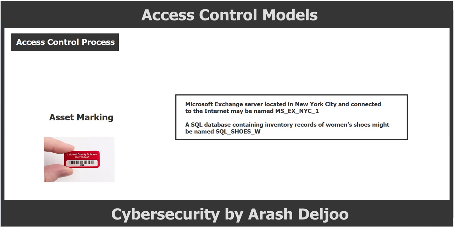And a SQL database containing inventory records of women's shoes might be named SQL_shoes_W. The name should also be clearly labeled physically on the device. The key is to be consistent so that the names themselves become pieces of information.